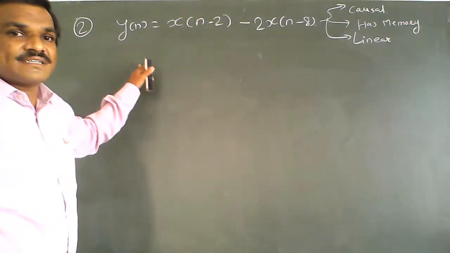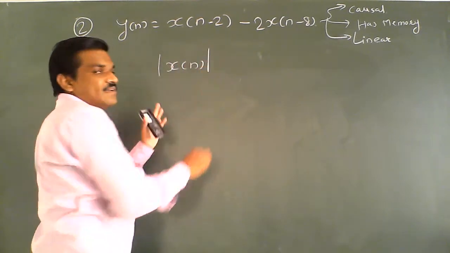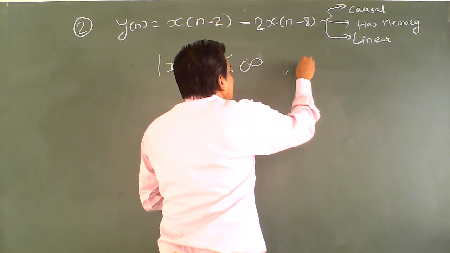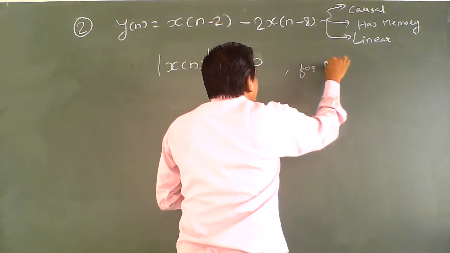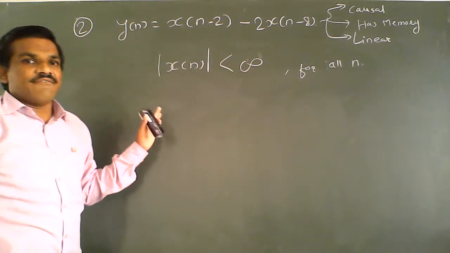For that purpose, let us consider mod of x of n is bounded, or you can say it is less than infinity, for all n values.